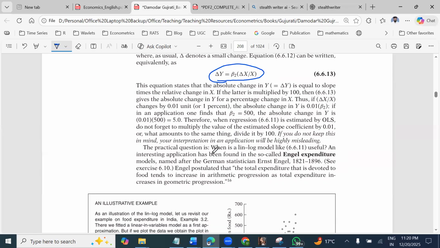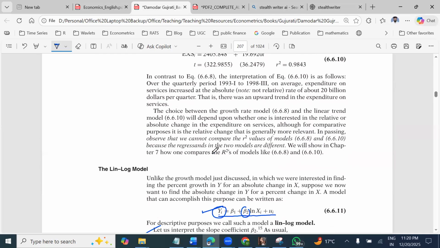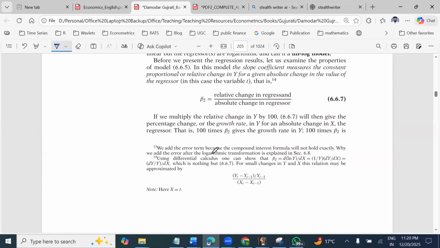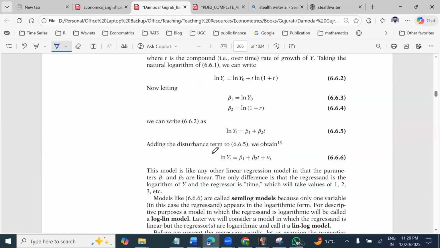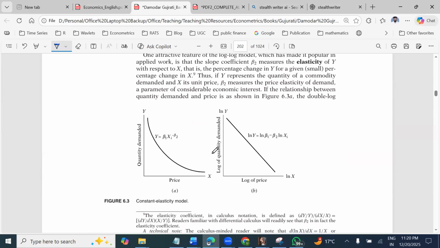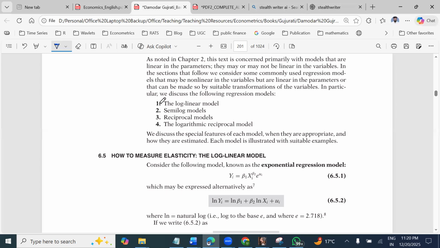You have to read at least this chapter, not the complete chapter. I am just telling you to check the model specification: at least the log-linear model, semi-log model, reciprocal model and logarithmic reciprocal model.